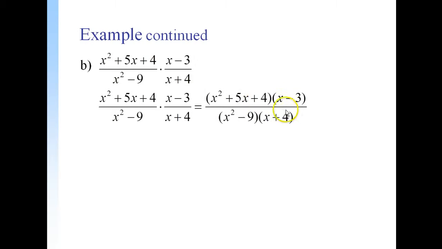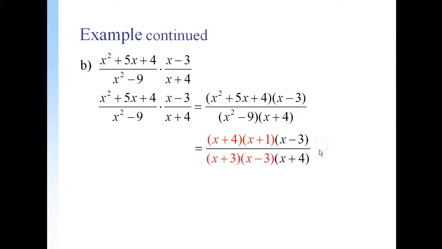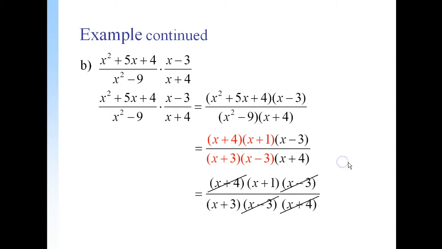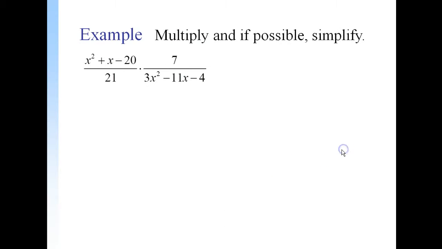And this is what we did after we factored. We will cancel out, and then we're left with that. Okay. Now, here, sometimes they could be a little challenging. So let's do this one.